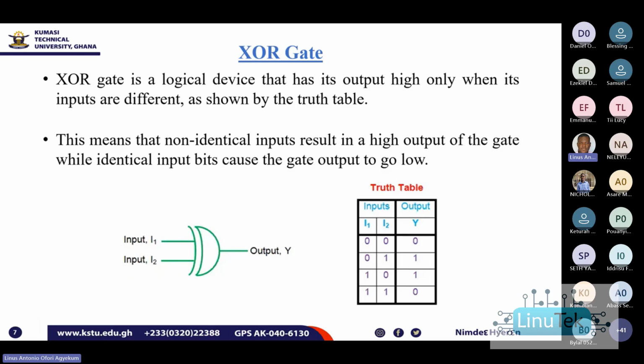So in an instance where you have the inputs being 0, 0, you would get 0. 0, 1, you would get 1. 1, 0, you would get 1. 1, 1, you would get 0. Okay. So also understand that bit 0 represents off or low, and bit 1 represents on or high.